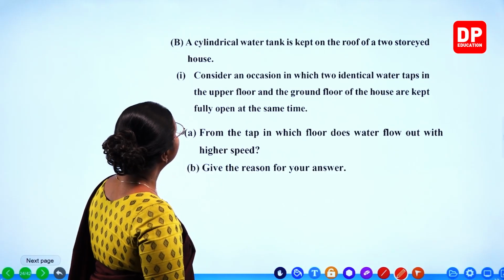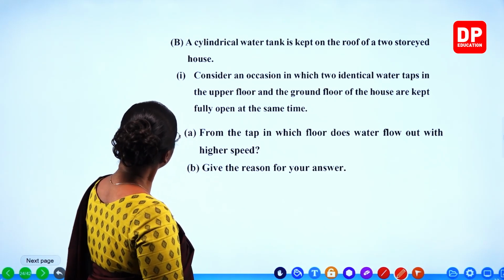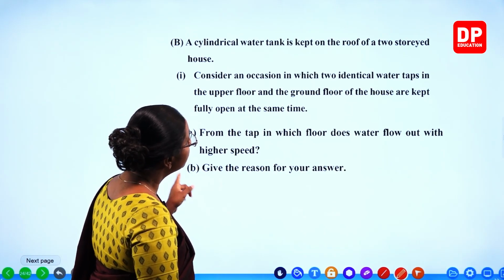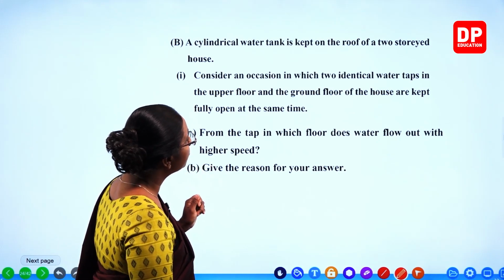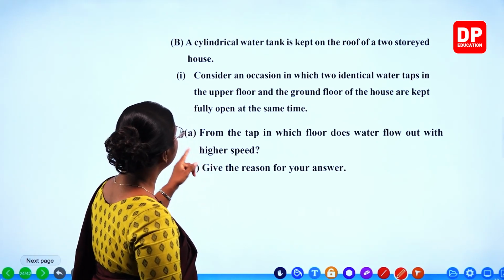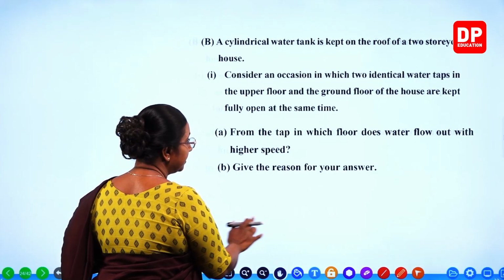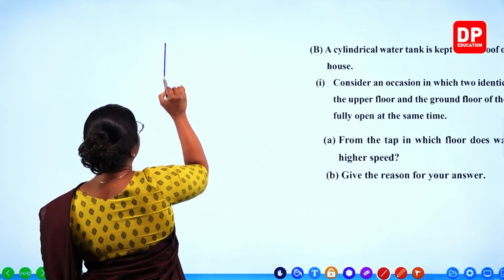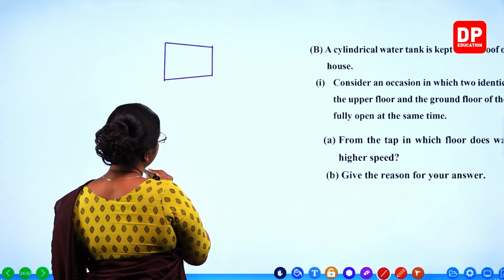So a cylindrical water tank is kept on the roof of a 2-storied house. First one, consider an occasion in which 2 identical water taps in the upper floor and the ground floor of the house are kept fully open at the same time. So what happens here? We have a tank on the 2nd story.